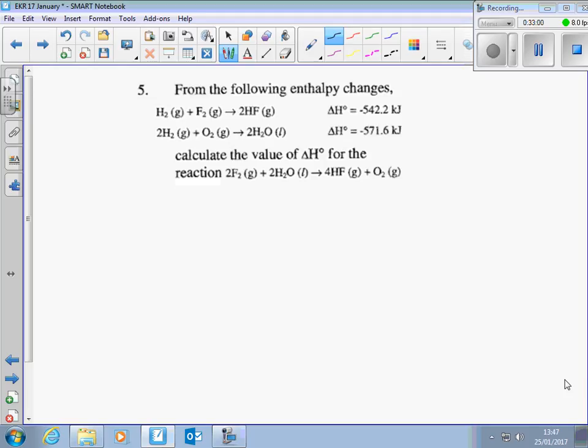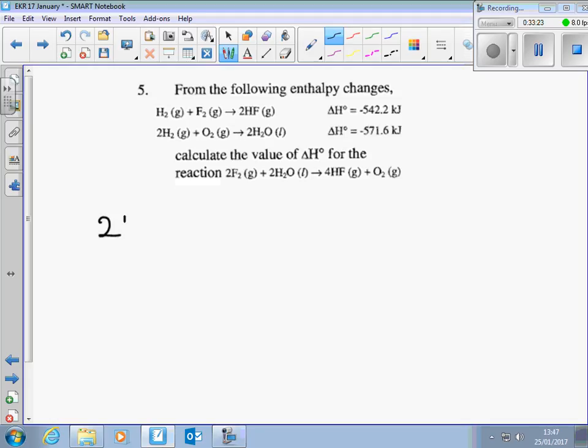And the way I've written it in my notes isn't going to be terribly helpful. But we want to start with our 2F2. All right, so fluorine is a gas, plus water, in this case standard state liquid. I'm sorry, I'm going to remove that and do it slightly further to the right so I've got more space.